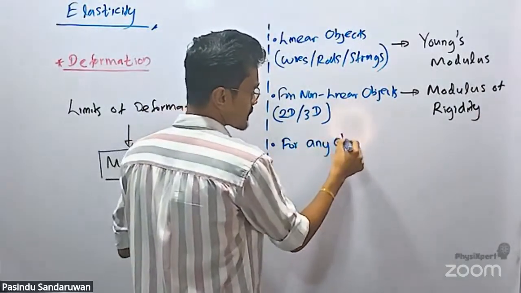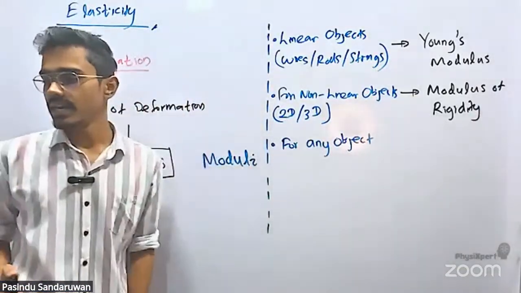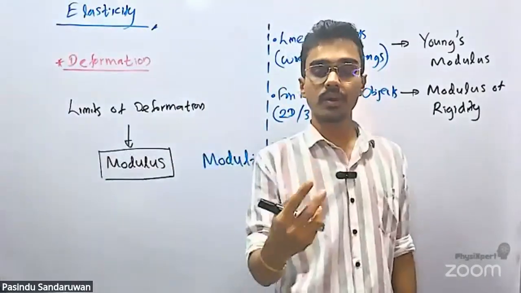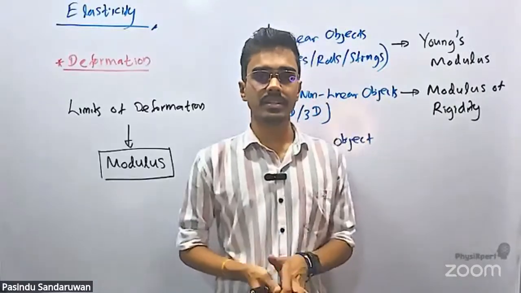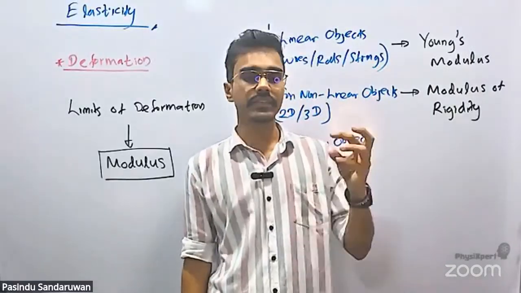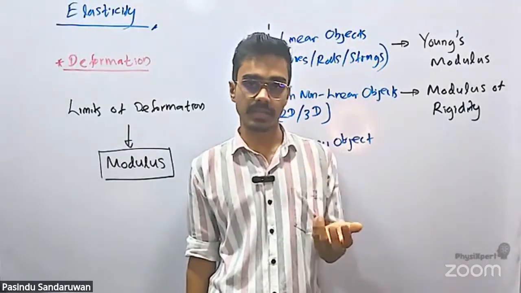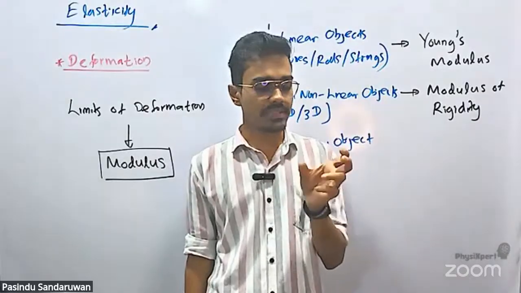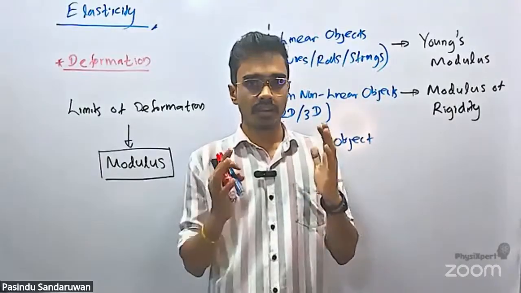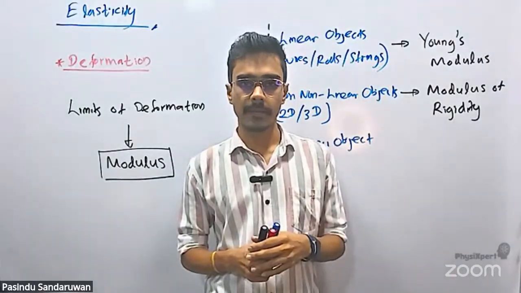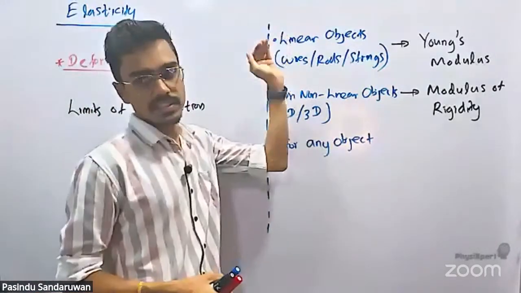For any object, right? Any in the sense, now there are some objects which don't have a distinct shape. As an example, a liquid doesn't have a shape. So likewise, there are some specific scenarios where we don't have a distinct shape for the object. In such cases, this covers everything. For linear ones specifically, we have Young's modulus.